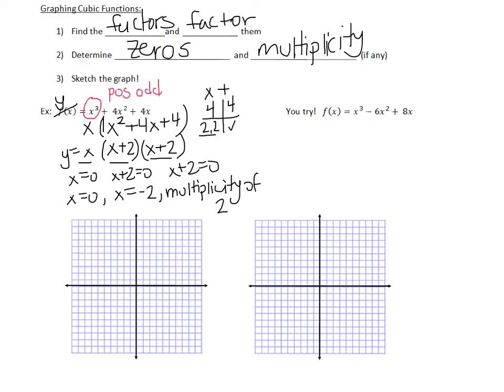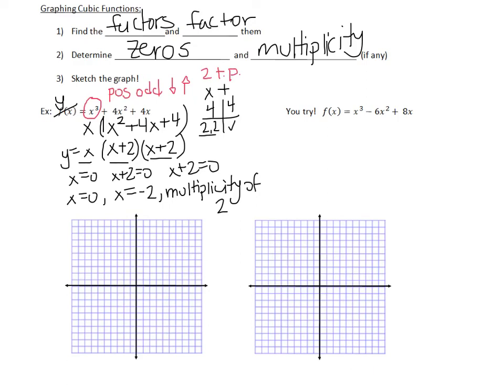Well, positive people bring you right up. And since it's odd, odd means opposite, so the left will be going down. I also need to determine my turning points, and since my degree is 3, then 3 minus 1 is 2. This is not a special case since there's another x in there, so I'm going to have 2 turning points. I'm going to say TP for short.